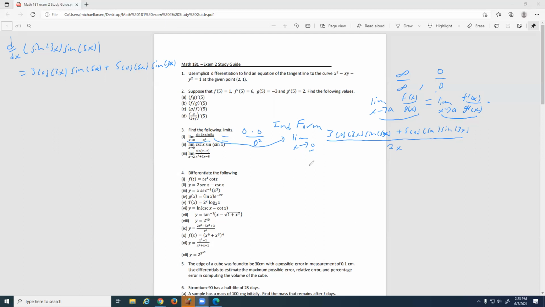All right. Doing that, we get the limit as x approaches 0 of, and now we're going to have another product rule with this term, and another with this term as well.